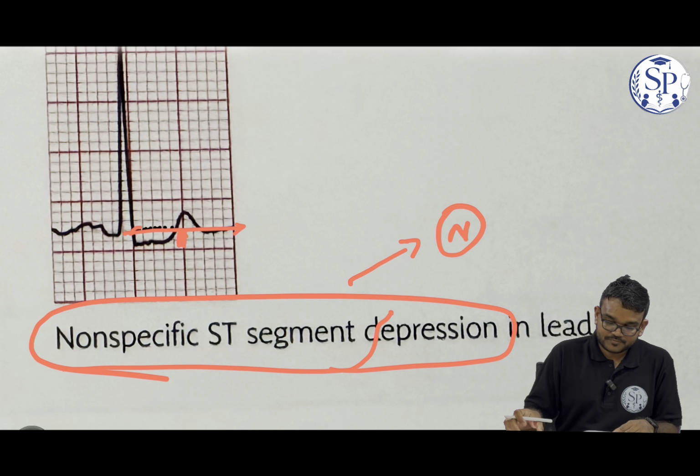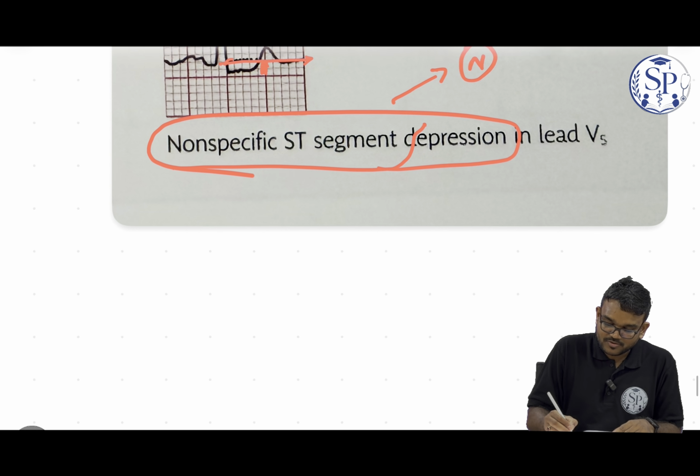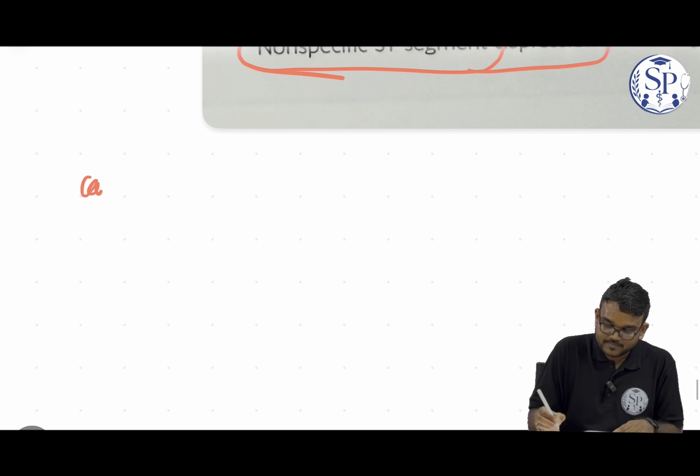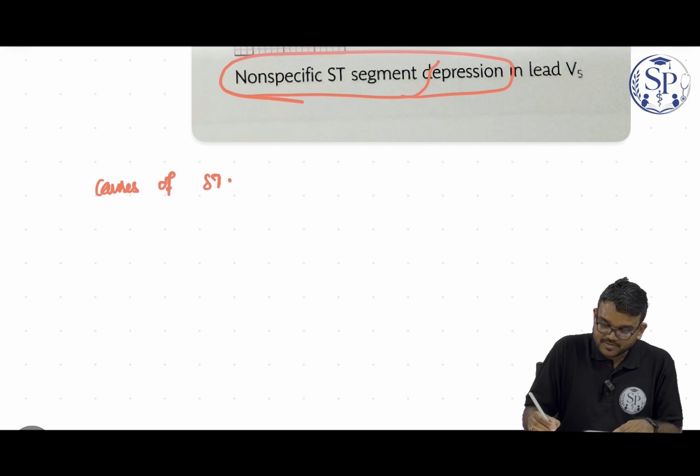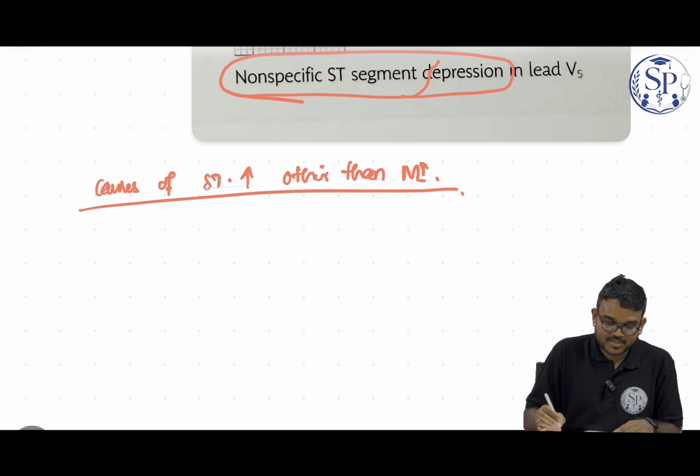Now, what are the different causes of ST segment elevation other than MI?